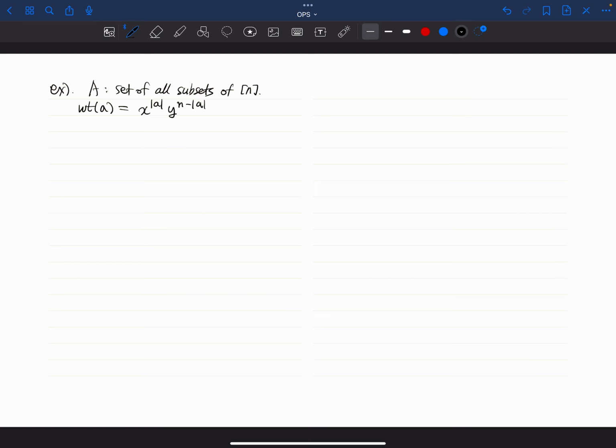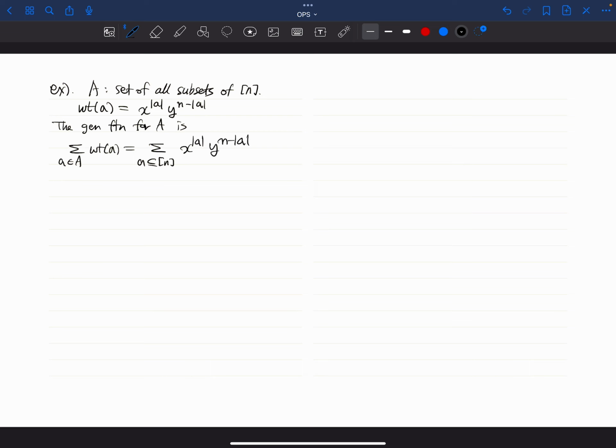Then the generating function for A is the sum over a in A of the weight of a. This means a is a subset of [n], and the weight is x to the |a|, y to the n minus |a|.